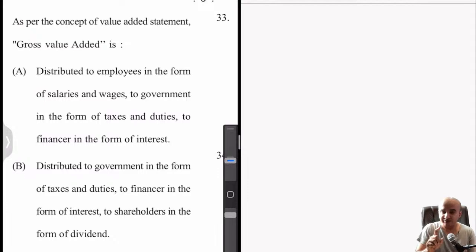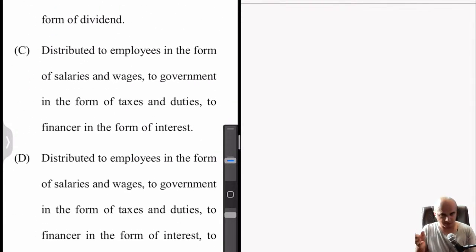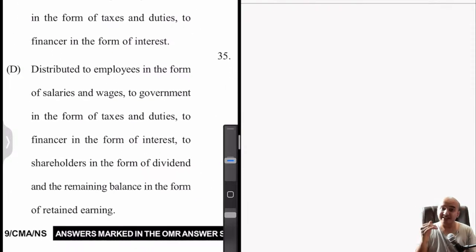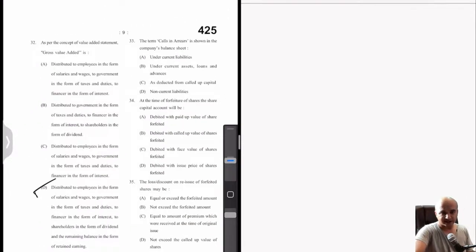In option A, something is missing. Option B, something else is missing, and option C also the same thing holds good. Whereas in case of option D, everything is covered. Whatever gross value added represents, everything is covered in this one answer. So option D is in fact the right answer. I hope it makes sense. If you have any doubts, please do ask.